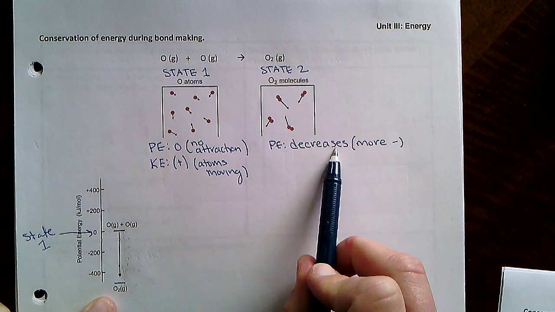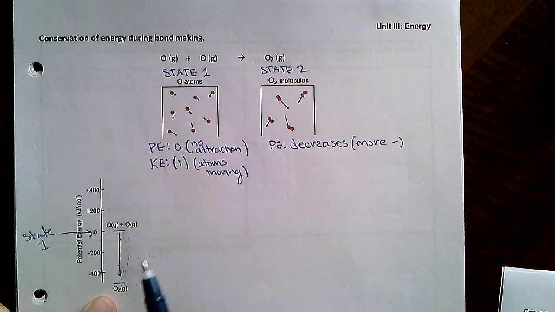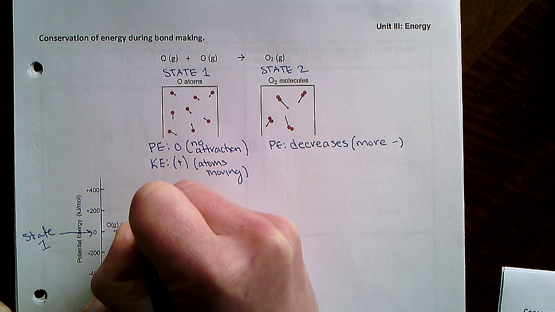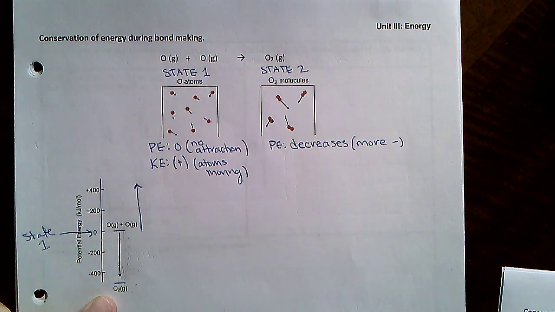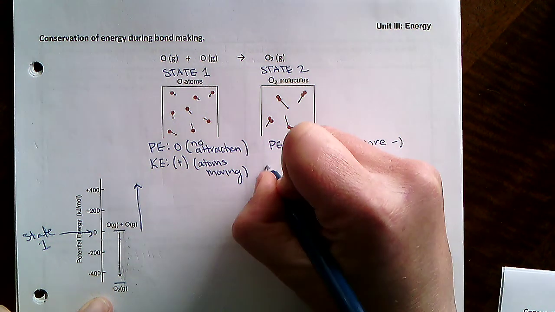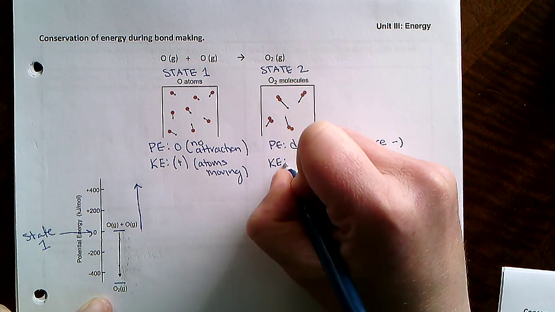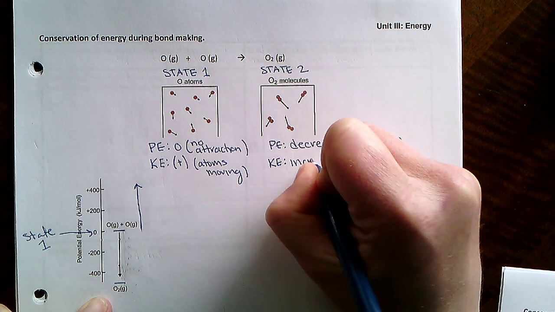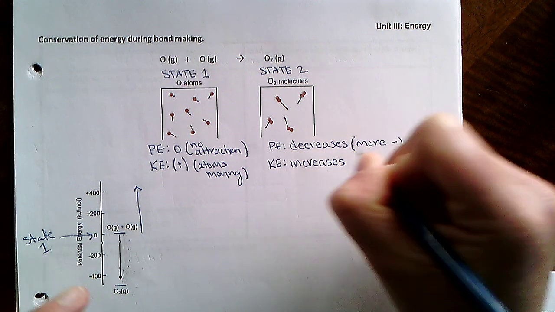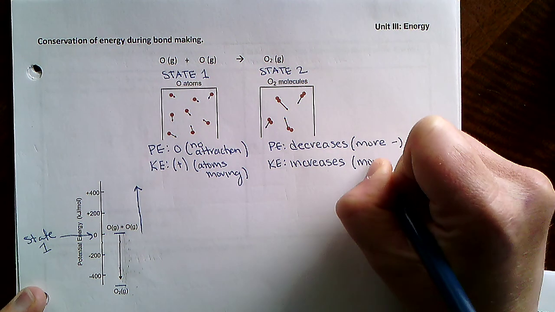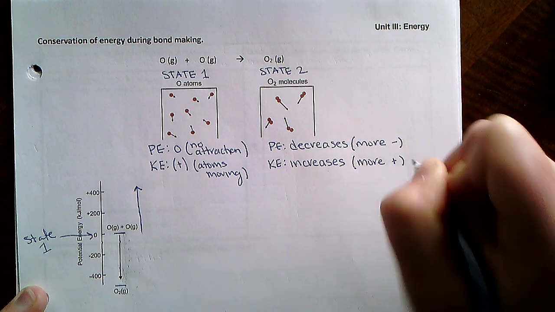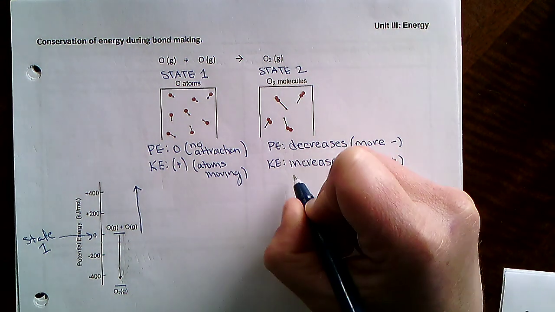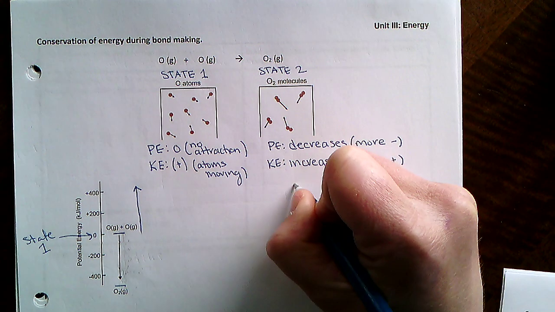So when potential energy decreases like this, it must mean that the kinetic energy of these molecules increases by the same amount. So kinetic energy is getting more positive. So you can think through, right?